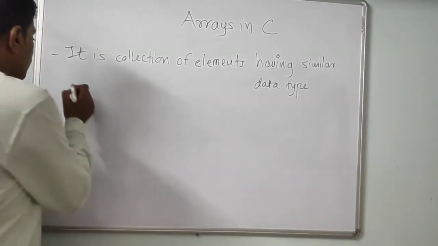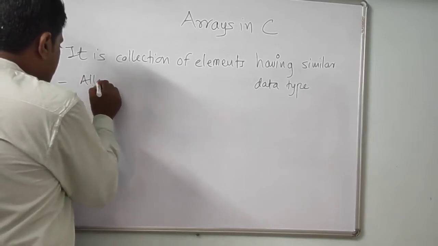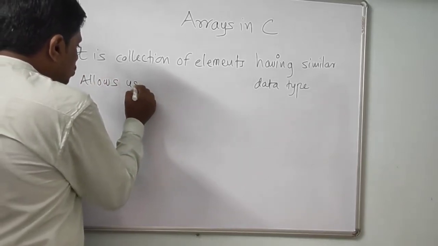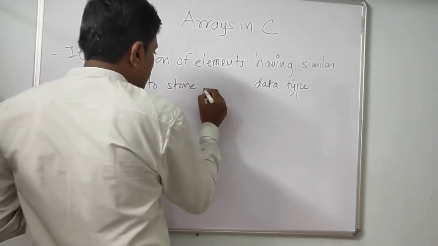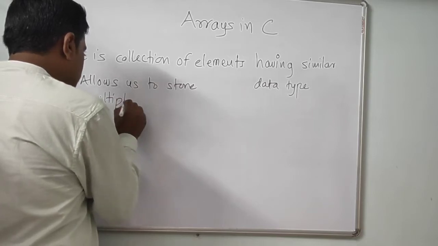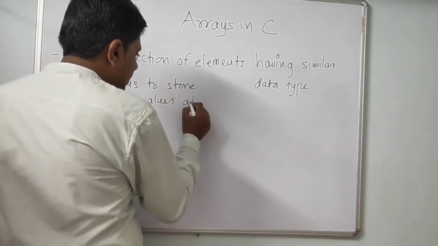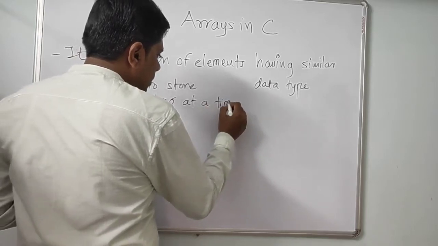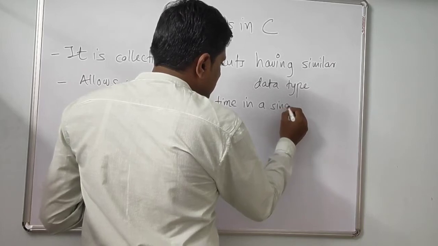So you can also say that an array allows us to store multiple elements or multiple values at a time in a single variable.